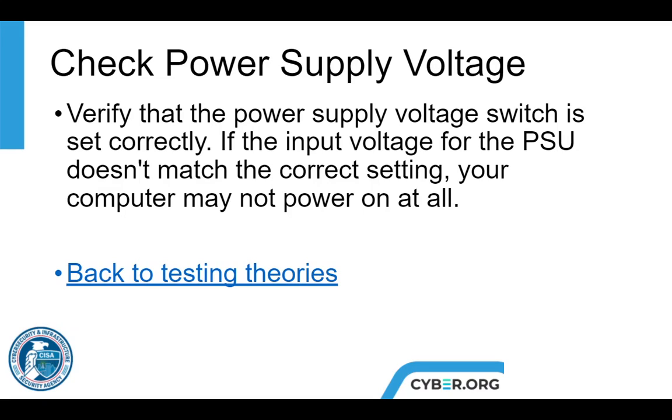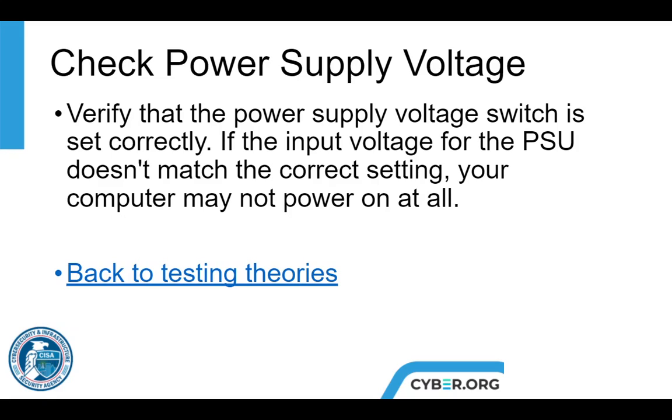If you switch it to 240, it's not going to accept the 120 that it's getting fed, right? The 120 is what we have in the United States, so depending on where you're listening to this presentation from, your results may vary. But again, that switch can get changed, and then everything else looks like it should be getting power.